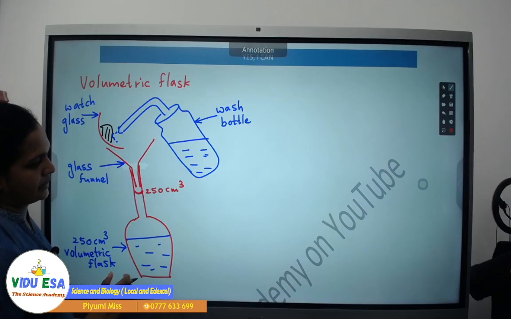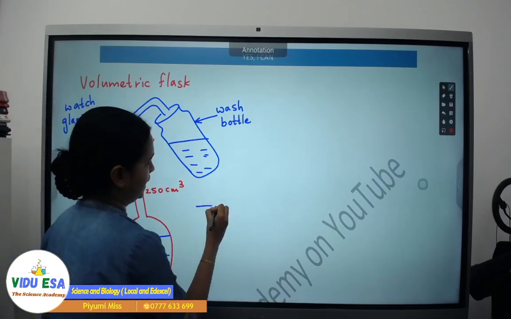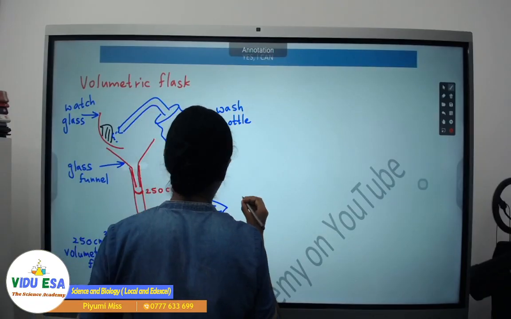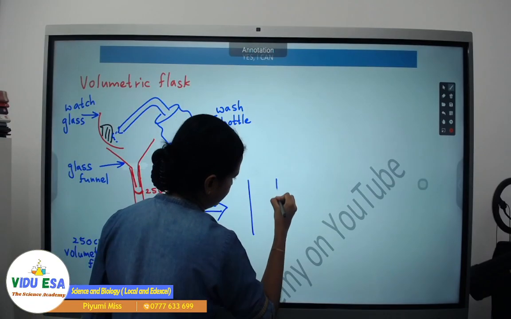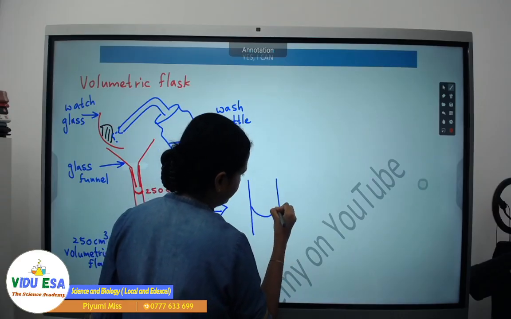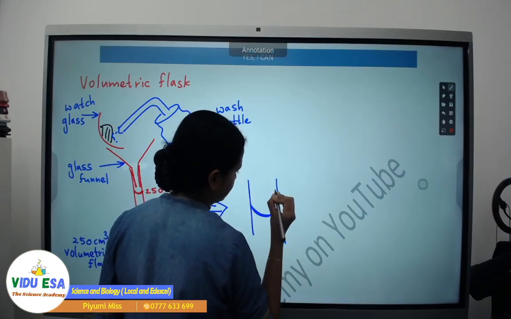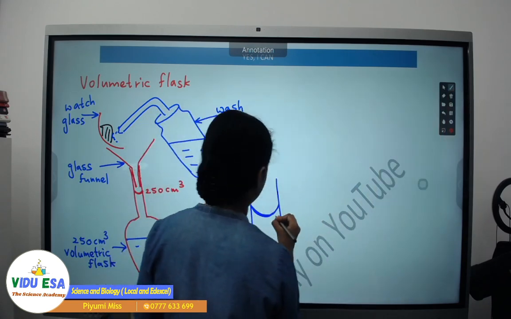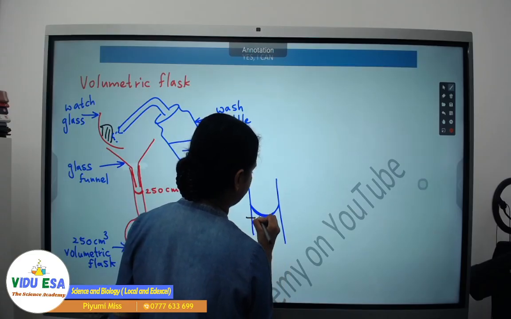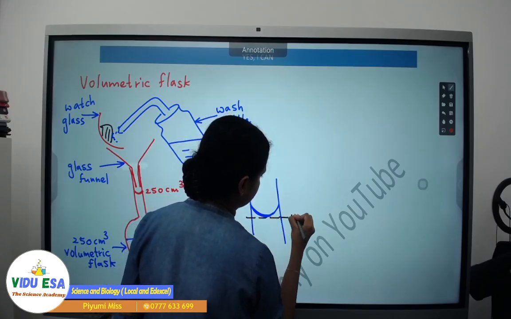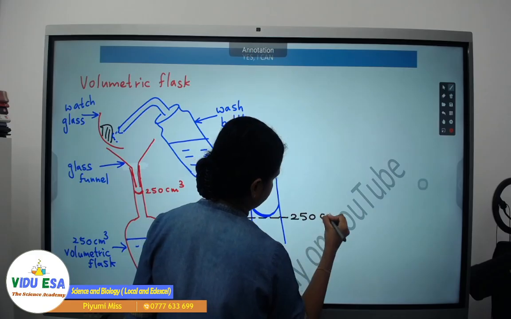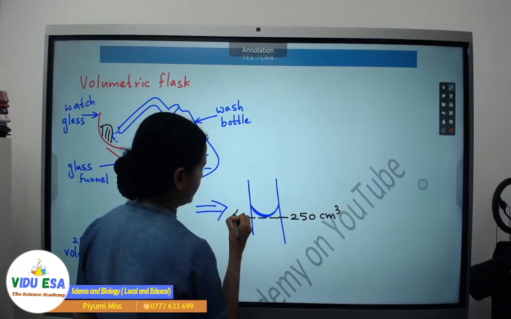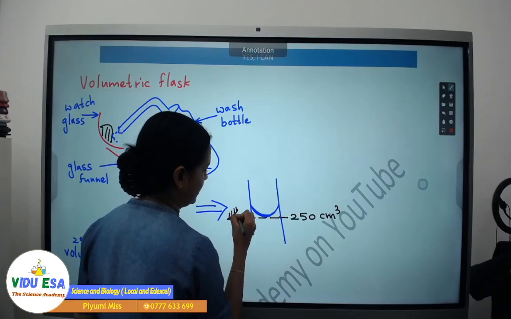Then you have to top up this up to this mark. This is the 250 cubic centimeter mark. So you have to keep your eye at the same level.